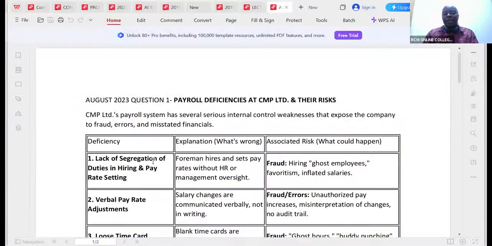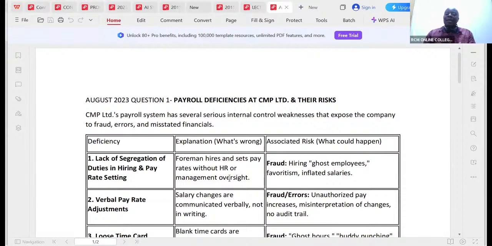We are told here deficiency: lack of segregation of duties in hiring and pay rate setting. So the person who is hiring is the same person who is even setting the rates and doing many other things. Explanation: it's always good to structure a question like this. Explanation, what's wrong with this? The foreman hires and sets pay rate without HR or management oversight.